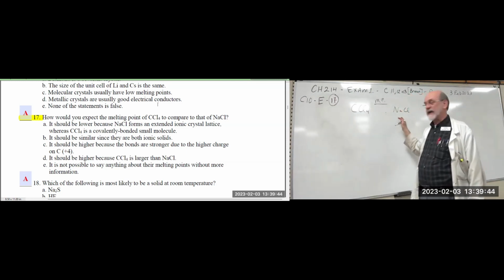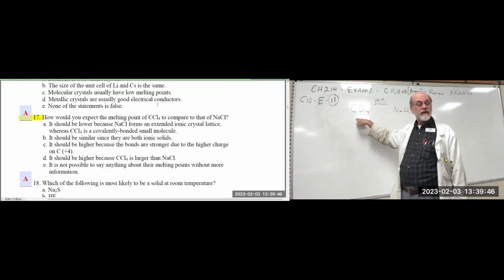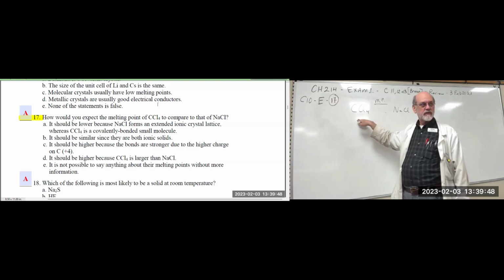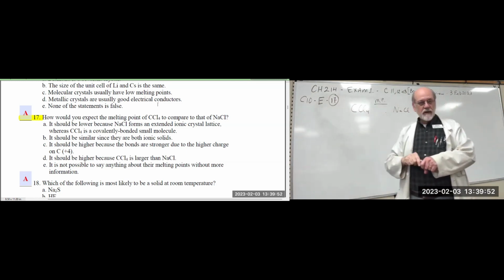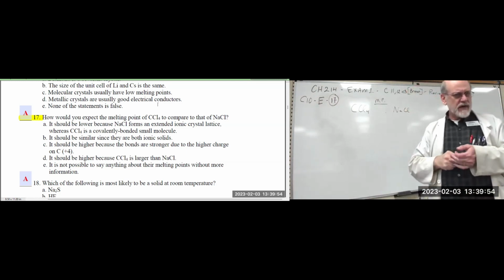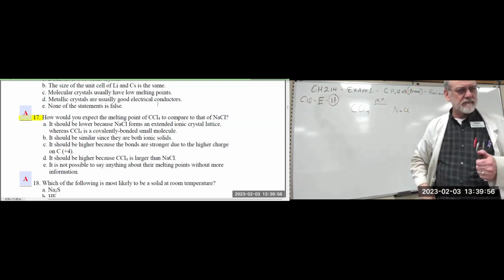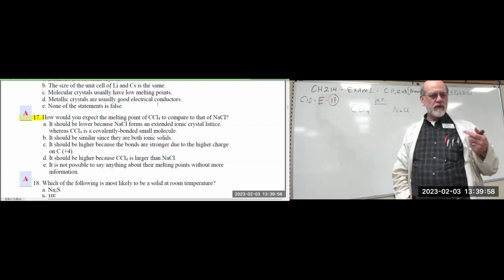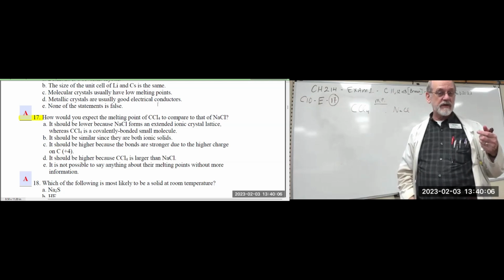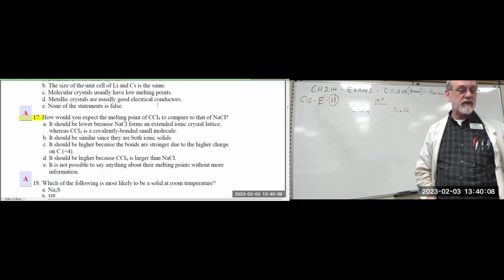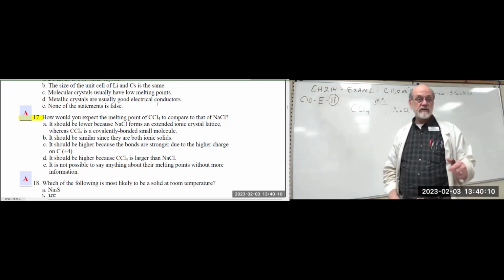This is an ionic compound. That's a covalent compound, but it's nonpolar. So its melting point is going to be very low. But I got a feeling that's not going to answer the question completely. The melting point of carbon tetrachloride should be lower because sodium chloride forms an extended ionic crystal lattice, whereas carbon tetrachloride is a covalently bonded small molecule. That's a good explanation right there.